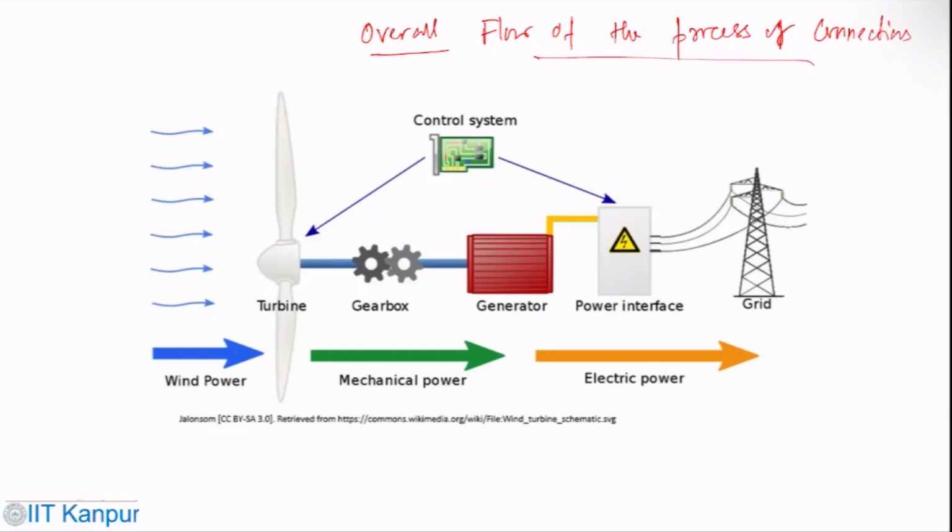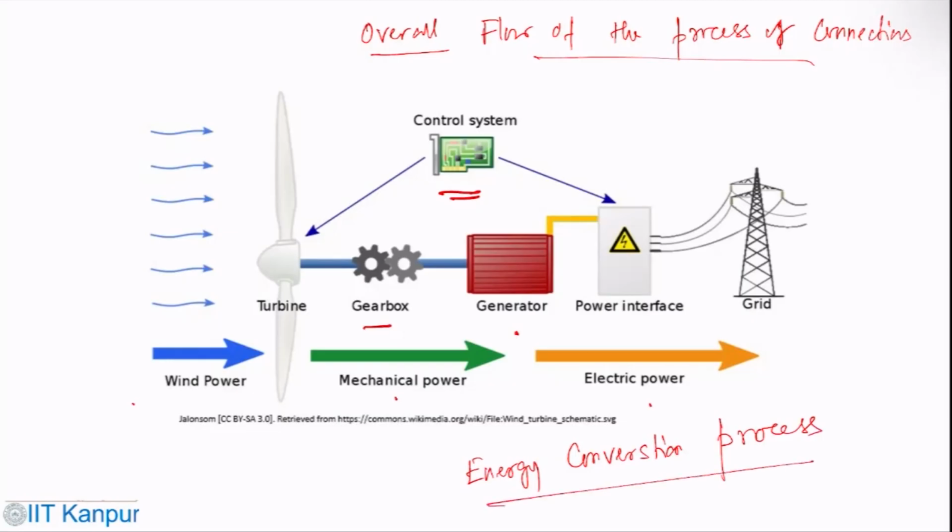You see the wind coming through these turbine blades, then these turbines are rotating. Obviously they are connected with the control mechanism. Then it passes through the gearbox, which delivers mechanical power to the generator. So it's wind energy to mechanical energy to electrical energy. It's simply an energy conversion process.